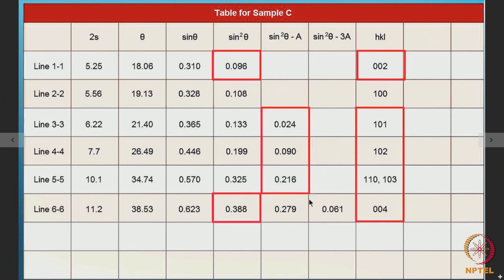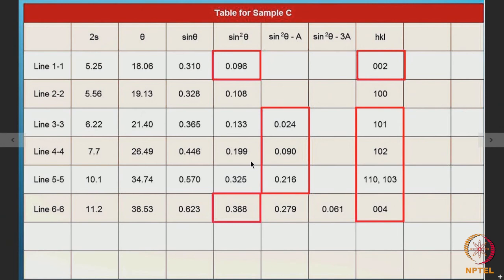This is 9 times this value here, and this is 16 times the value over here. So, tentatively, if we put L is equal to 1 in this case, then L will be 2 over here and 2 over here, then it will be 3 over here and 4 over here.